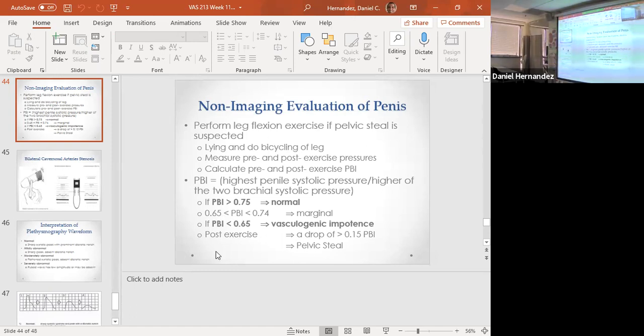And then we do exercise to assess for the potential for pelvic steal. Trying to think of the main points that probably show up on your registry.